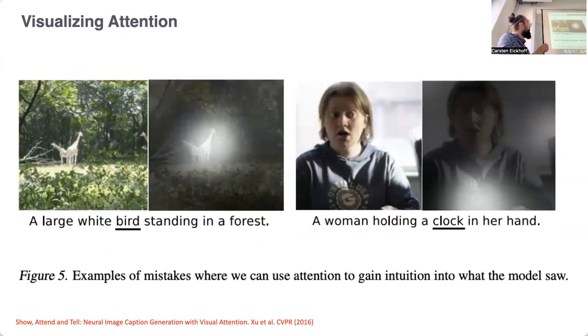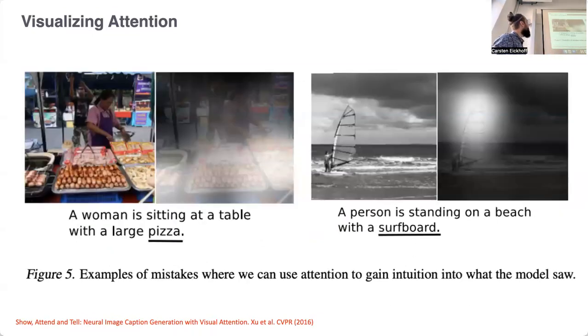A large white bird like this one here is standing in the forest, or this woman holding a clock here. What else do we have? We have this nice little pizza here, and the surfboard is sort of arguable. Oh, okay, this is maybe not the board. But yeah, you're seeing what's going on here.